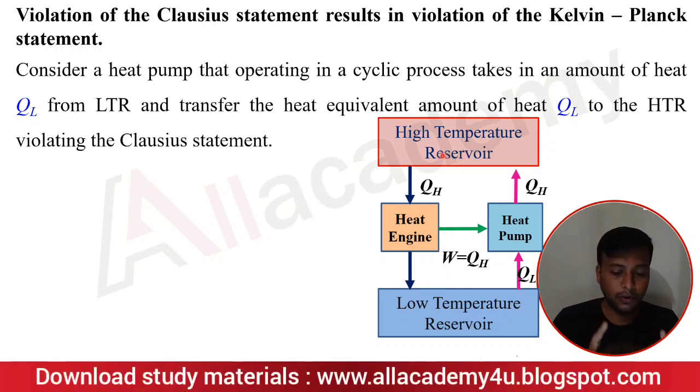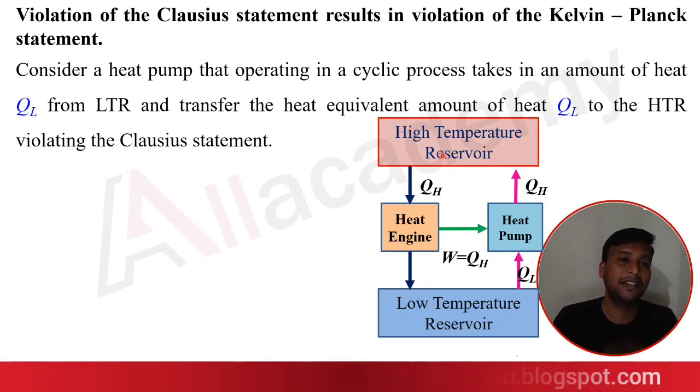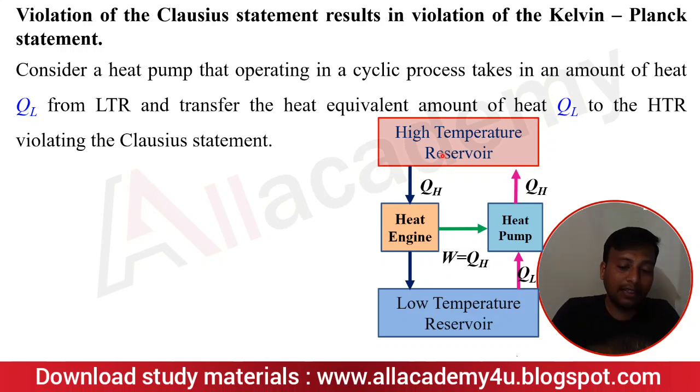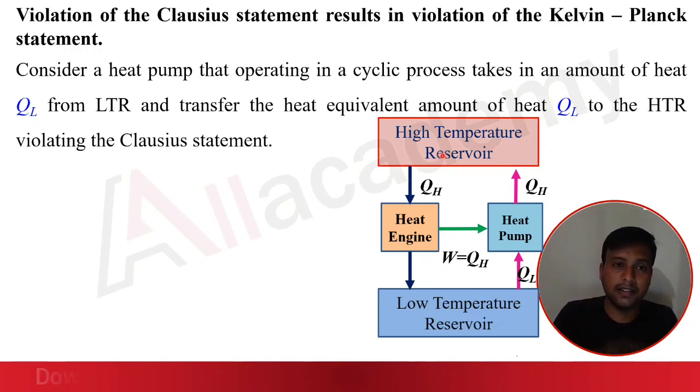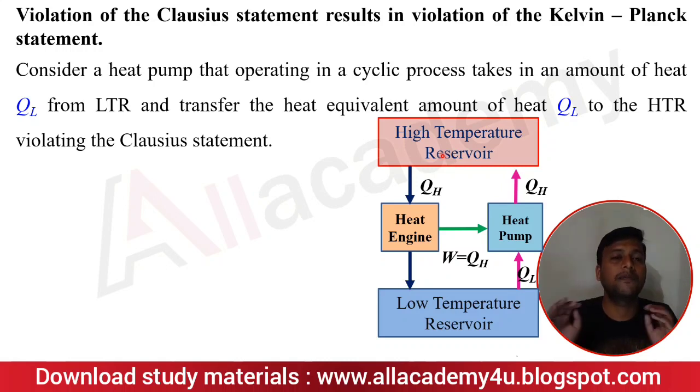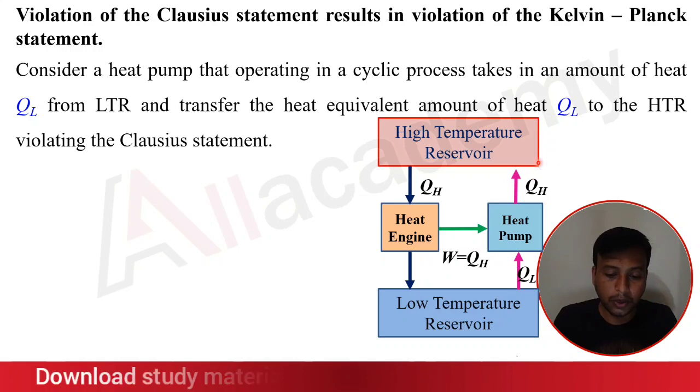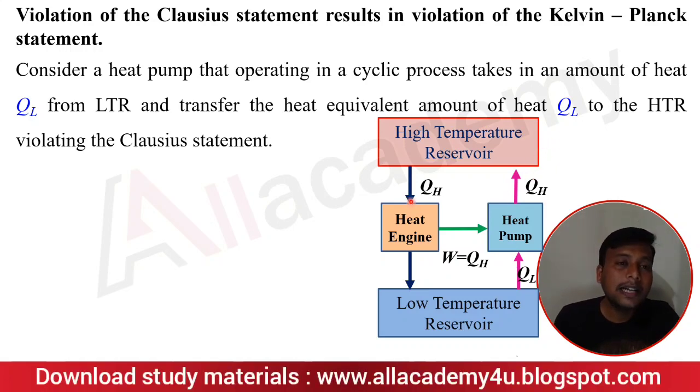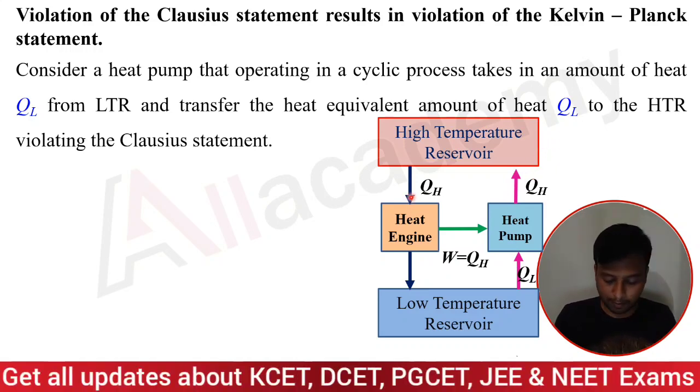I am again stating the definition of the Clausius statement because it connects here: it is impossible to construct a device working in a cycle whose sole effect is to do this. Impossible means not possible, but here QL is supplied, so it violates the Clausius statement.